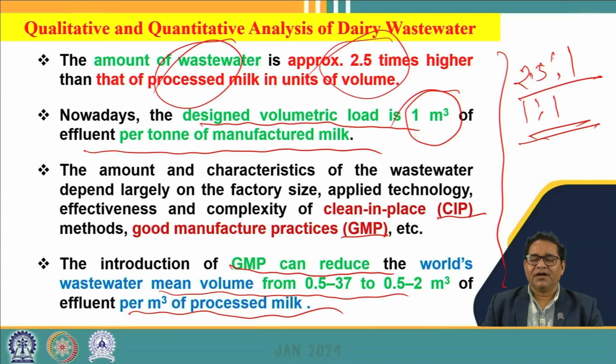On average, if the industry is old and not adopting CIP and GMP processes, it may generate 2.5 times the wastewater compared to 1:1, which can be achieved by using CIP and GMP practices within the plants.